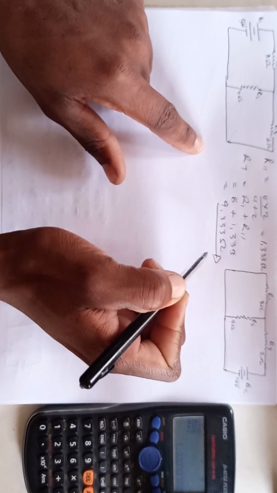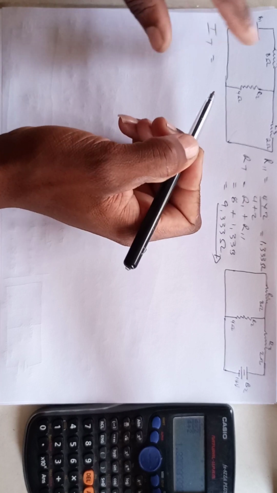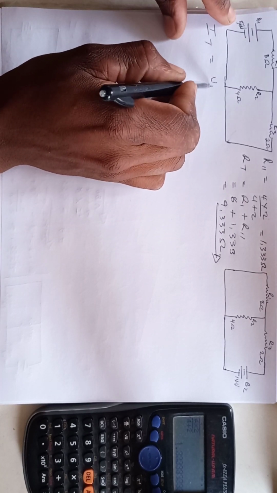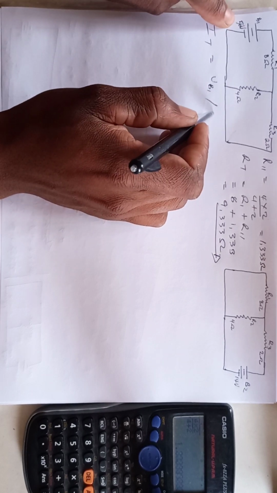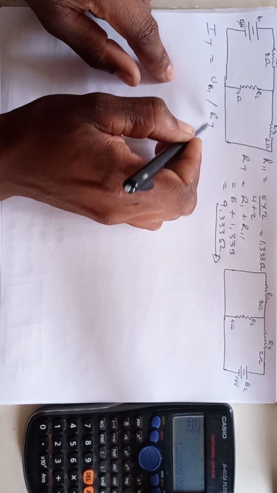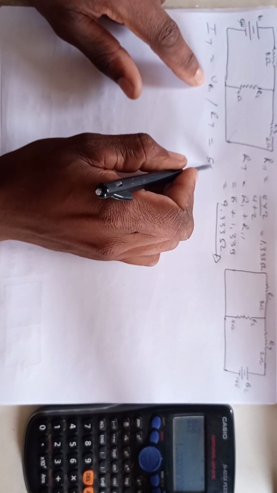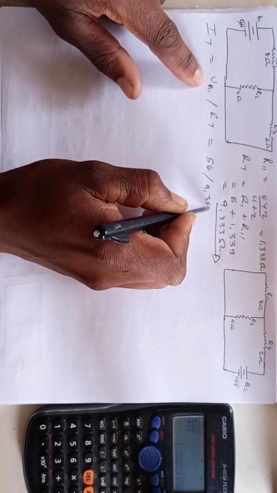So we got the total resistance. Remember, we said we will use the total resistance to calculate the total current of the circuit. The total current will be calculated by taking the voltage across B1 and dividing it by the total resistance. So we have 56 divided by 9.333.